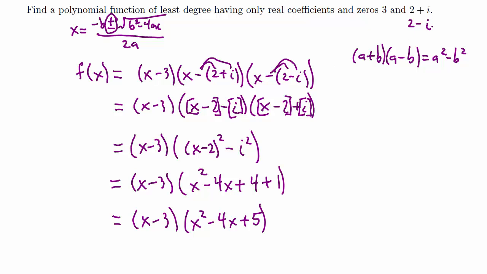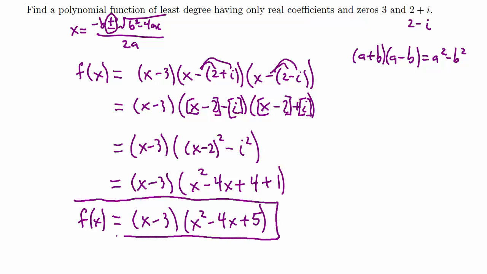If you have two non-real complex numbers that are conjugates, and you multiply them together, or the zeros, and you multiply everything out, you're always going to come up with a quadratic, and that quadratic is guaranteed not to be able to be factored. So the function here is f of x equals x minus 3 times x squared minus 4x plus 5.